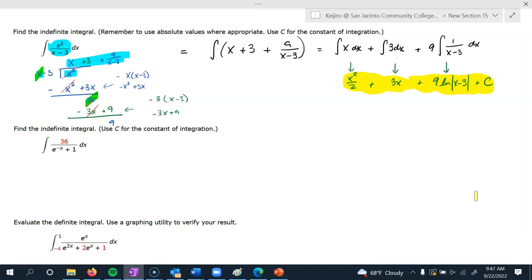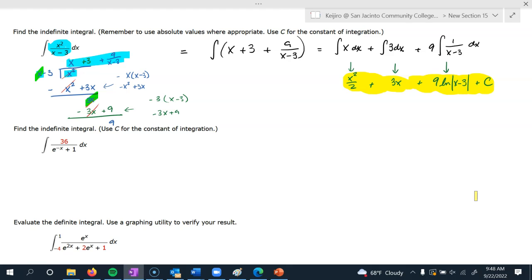This one might seem a little weird at first, maybe daunting. It doesn't look like a u substitution is going to work directly. If a u substitution were going to happen, it would probably be u equals that bottom there, e to the negative x plus 1.